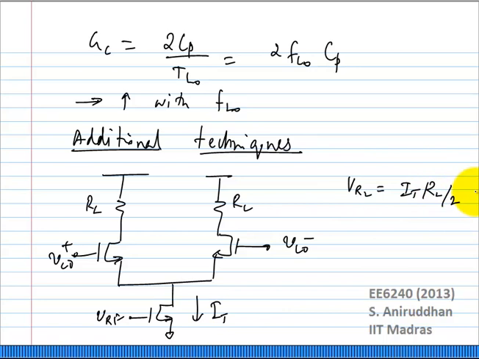So one simple thing we can do is add some extra current, I'll just call it I0, such that we only have a very small current flowing through RL and most of the current is being supplied by this current source. This current source will just be a PMOS transistor, doesn't need to be anything extra.